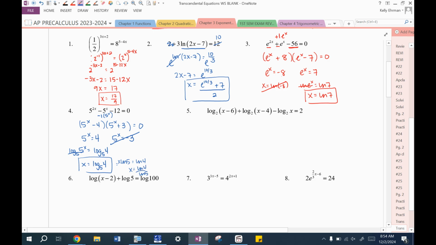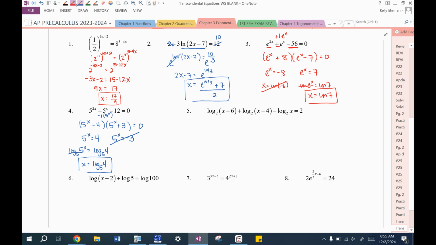Remember, these are equivalent because this is just the change of base formula at work, right? Log base 5 of 4 is equal to natural log of 4 over natural log of 5. That's because you could either log base 5 both sides or natural log both sides and use your exponent rules. I like to just match the base.